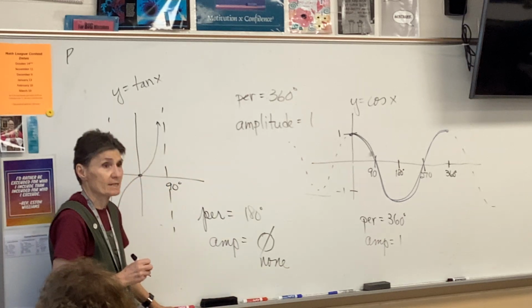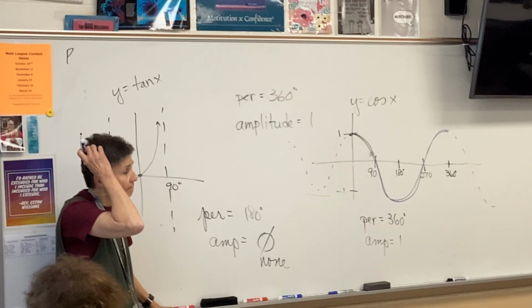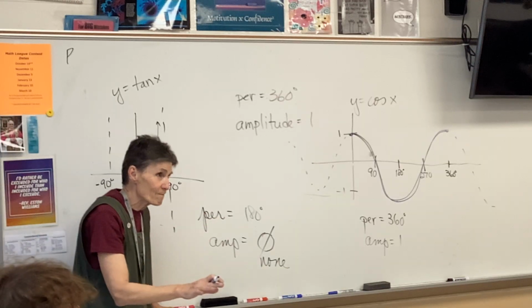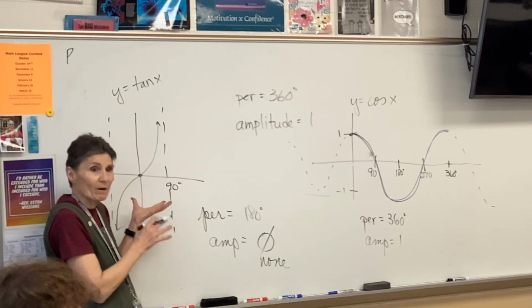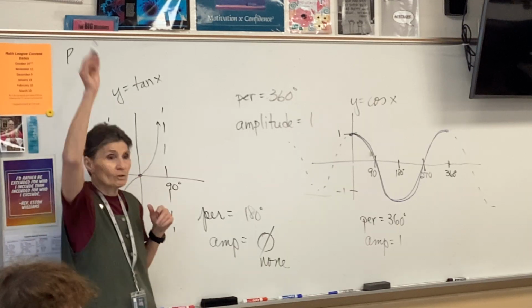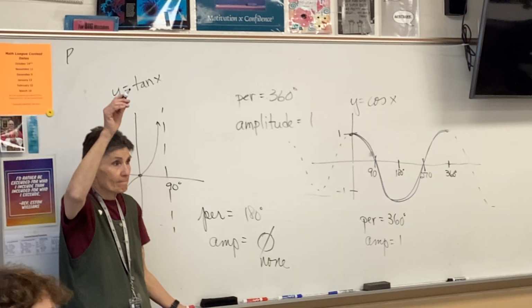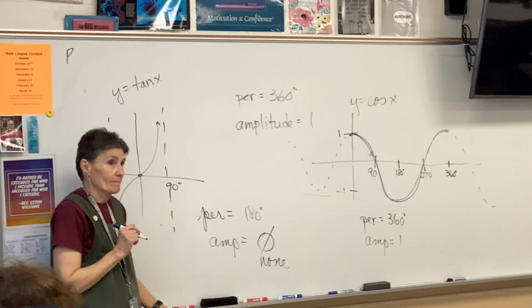That means it doesn't exist. The tangent will never have amplitude because this is what it looks like. No matter how we change it, it's still going to go up forever and down forever.